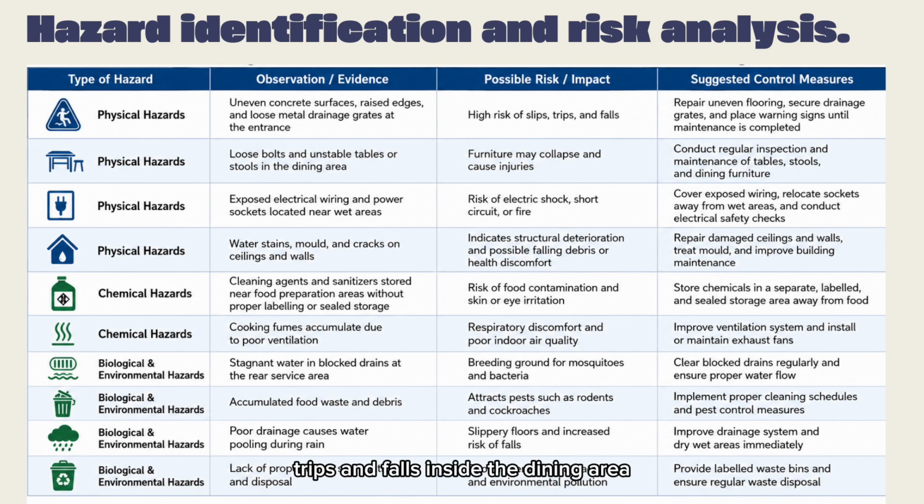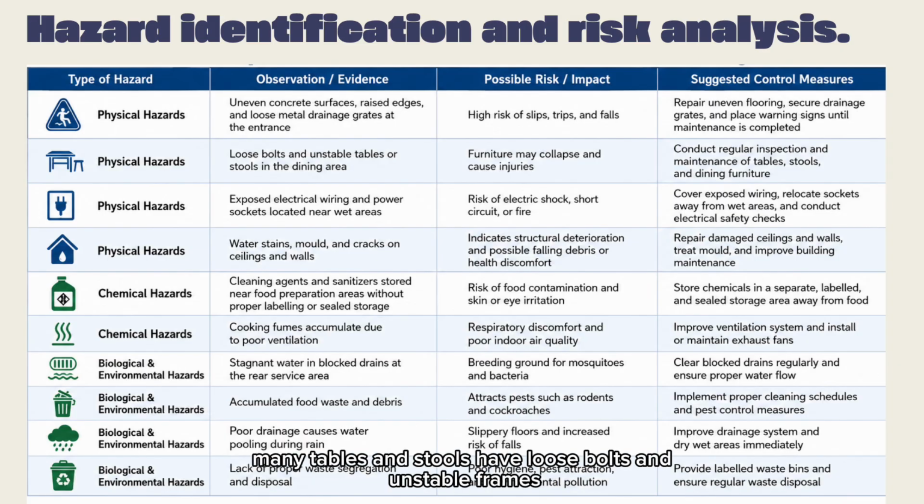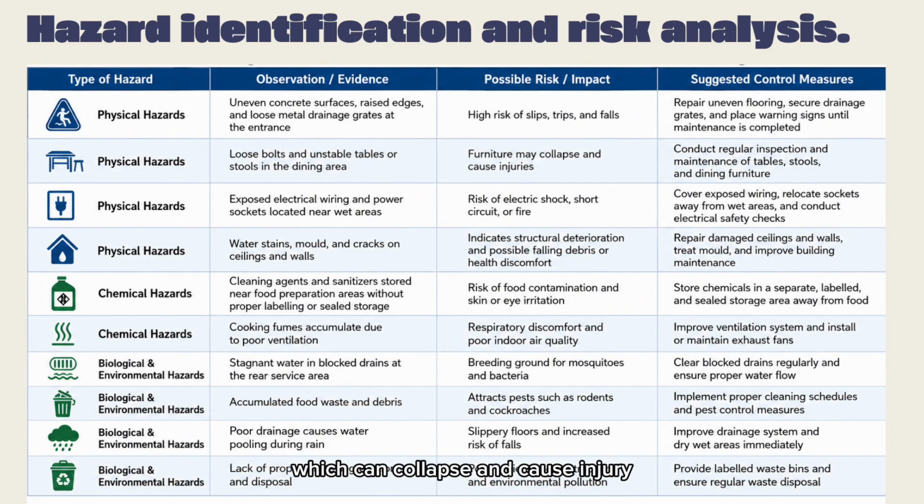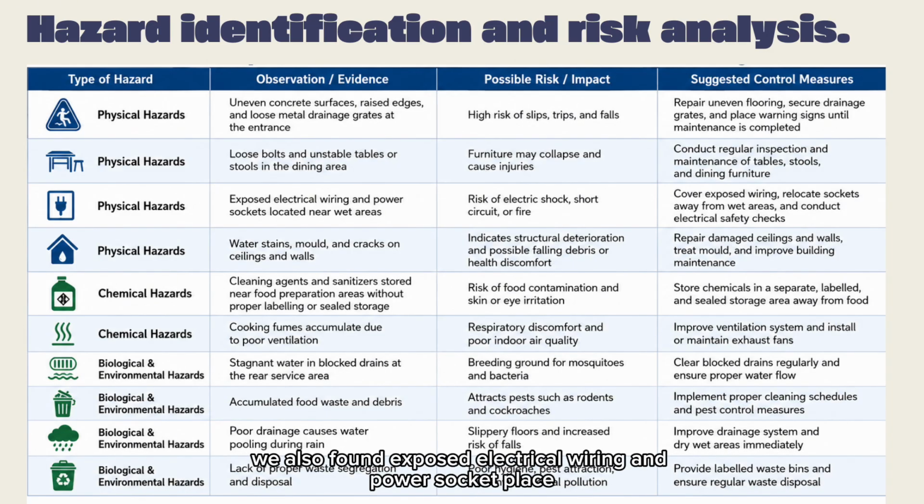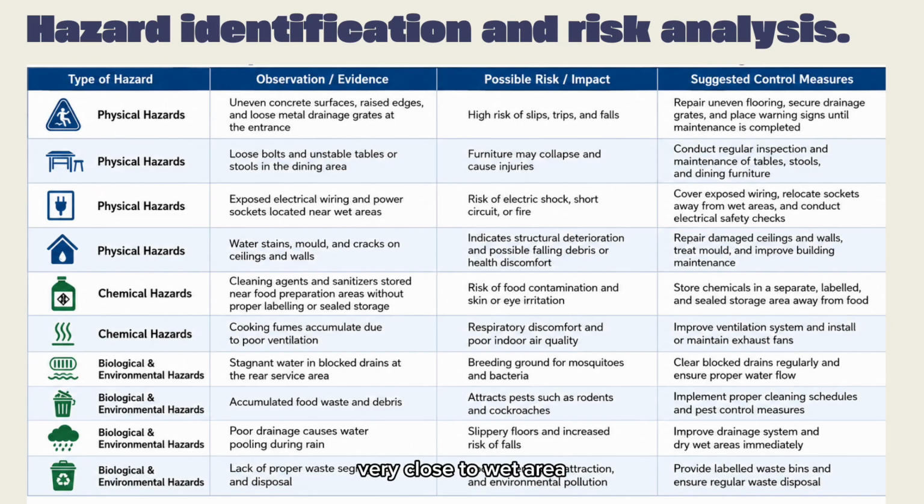Inside the dining area, many tables and stools have loose bolts and unstable cracked parts, which can collapse and cause injury. We also found exposed electrical wiring and power sockets placed very close to wet areas, which creates a serious risk of electrical shock or fire.